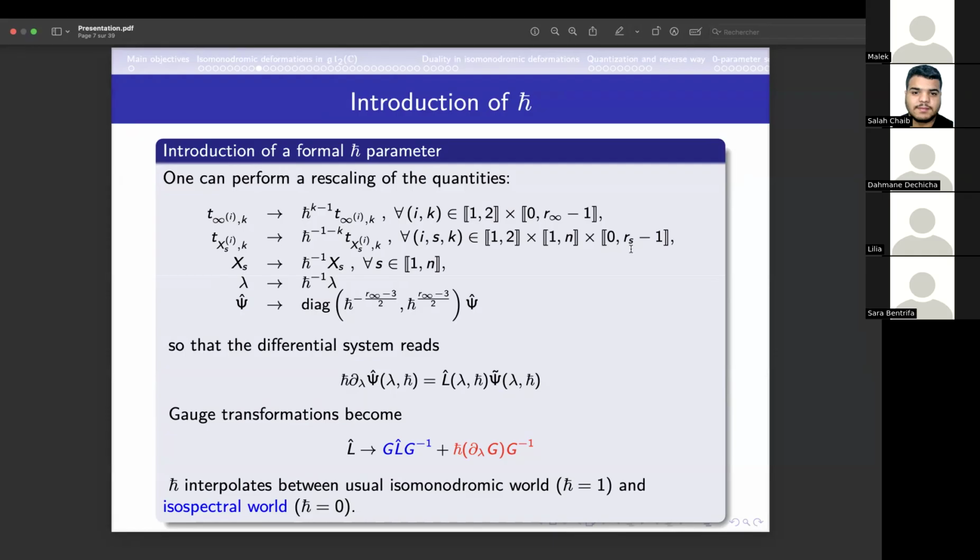This is what you need to consider. However, for people following only geometry, I repeat, you can completely fix ħ equal to 1. There will be no problem with that. For the rest of the talk I will still be considering the ħ parameter just to make connections with mathematical physics. However, you can fix it to 1 whenever you see that there is an ambiguity or a problem.